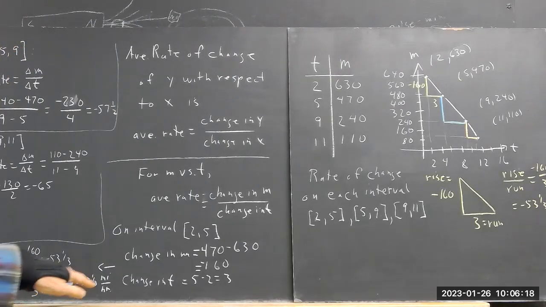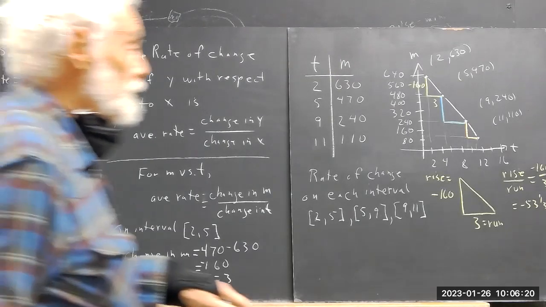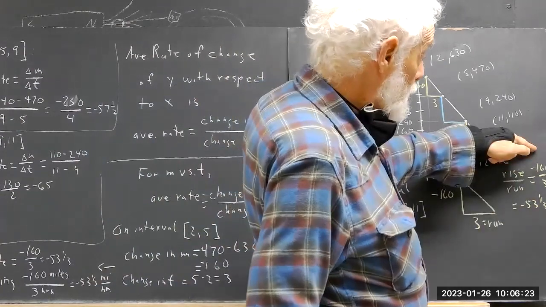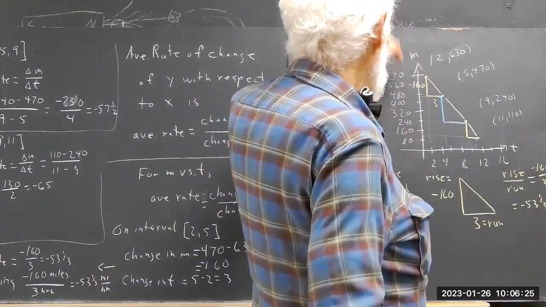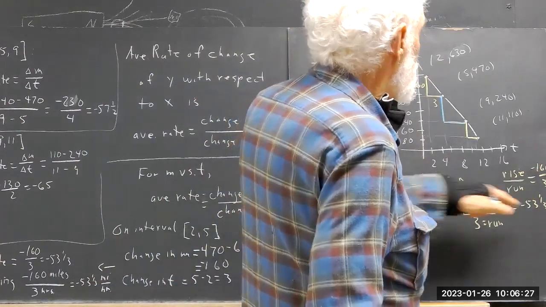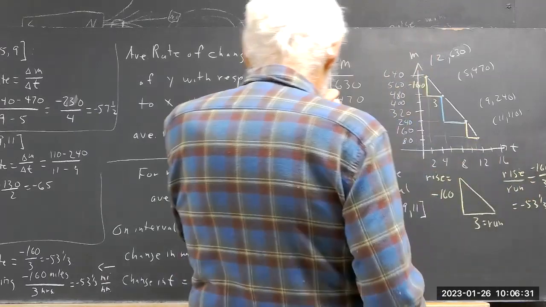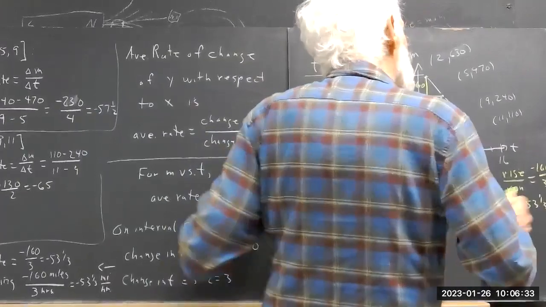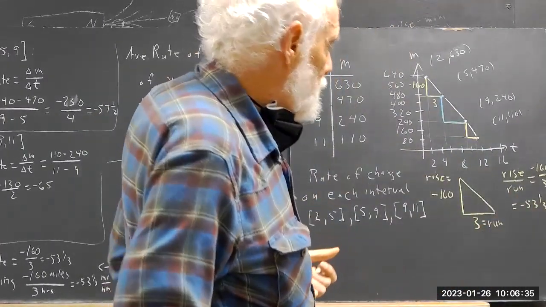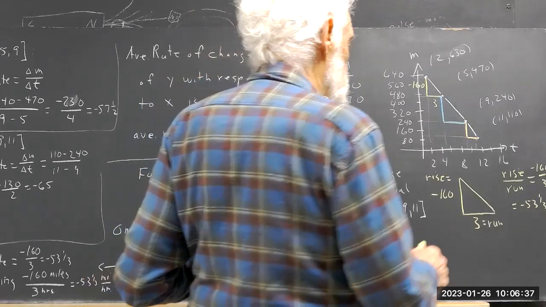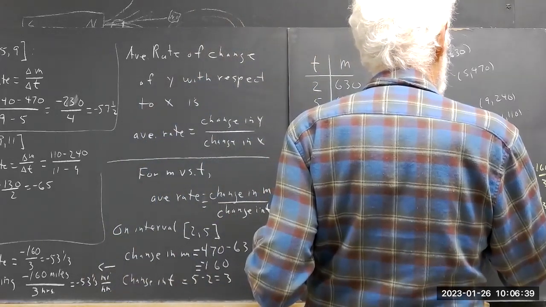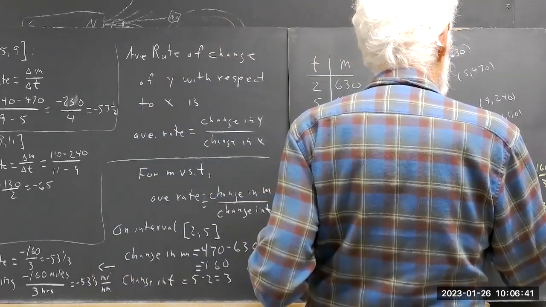Now you want a meaning on that. You want to know it's miles over hours, because that means -160 miles, because miles are measured on this axis, over 3 hours, which are measured on this axis. This isn't something that's absolutely required, but actually it is in my class.